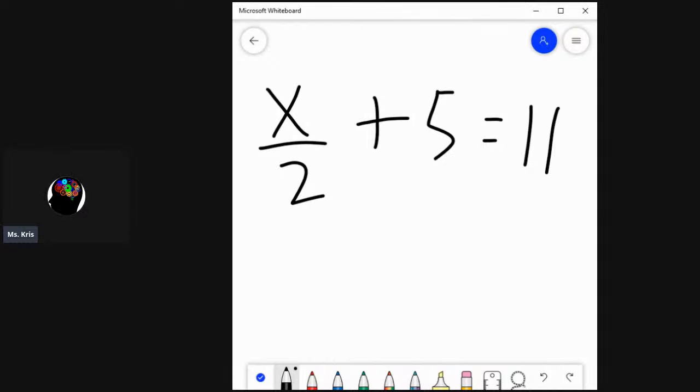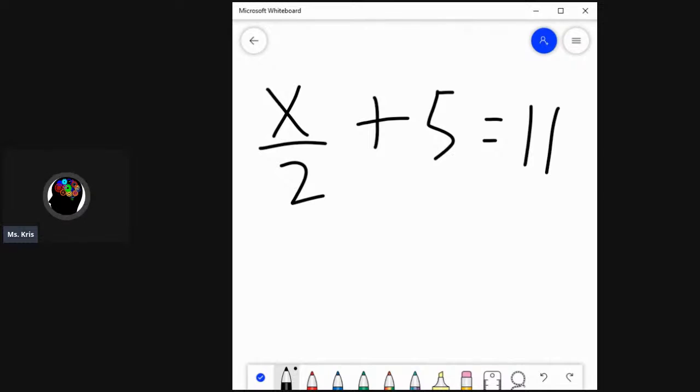So now, all the individual steps we learned, now we can combine those together. And here's how. Whenever you are trying to solve for x, you first have to get the plus or minus sign away from the equation. So how do you do that? Well, we know that the 5 is being added to the x over 2.